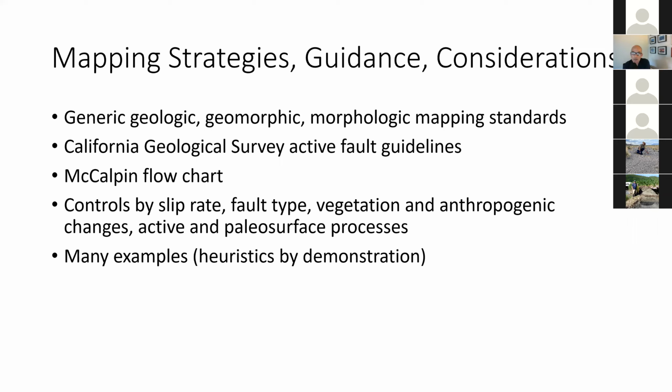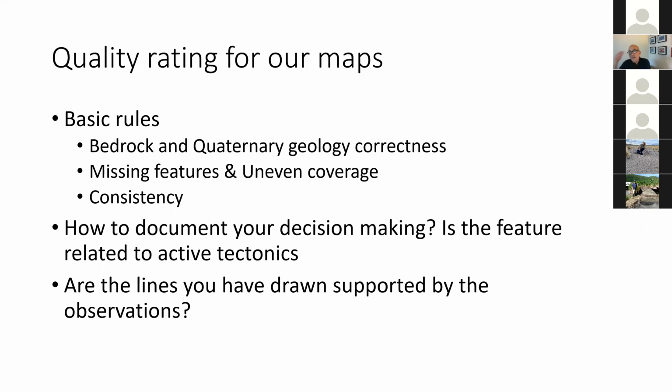And then, of course, this word heuristics that Steve was saying, the rules of thumb. One way we can develop those rules of thumb is by looking at a lot of examples. So let's just look. One other thing I had was starting to think about how to rate our mapping.